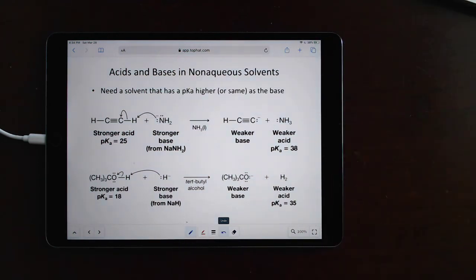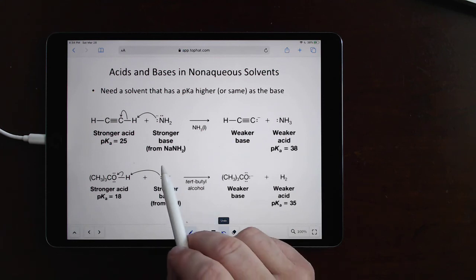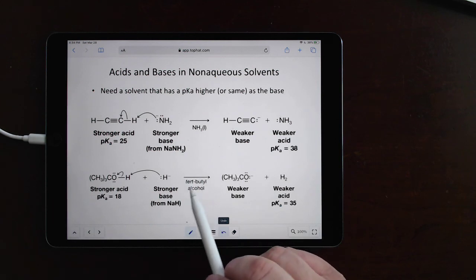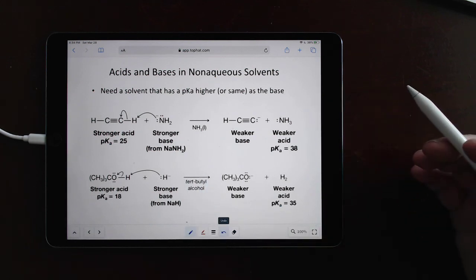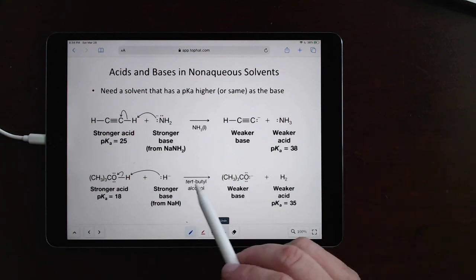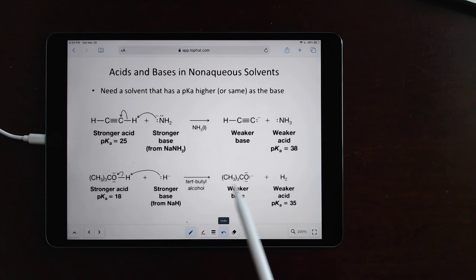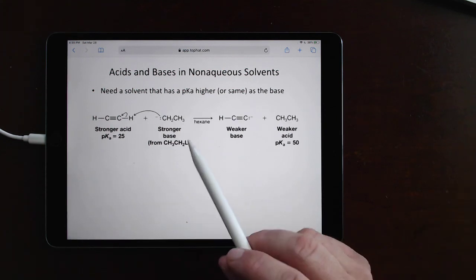If you have the hydride in here, the t-butanol is actually less basic than other things, and so it'll come in here. So this is a stronger base, and we can work with other sorts of things like that.